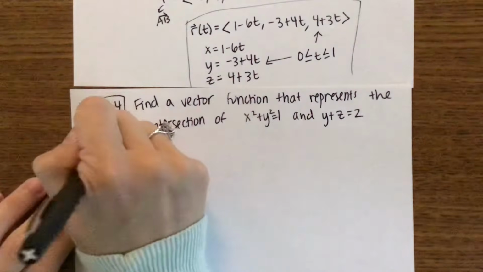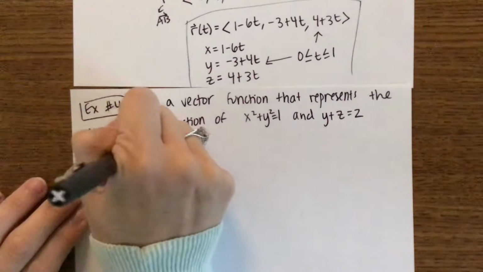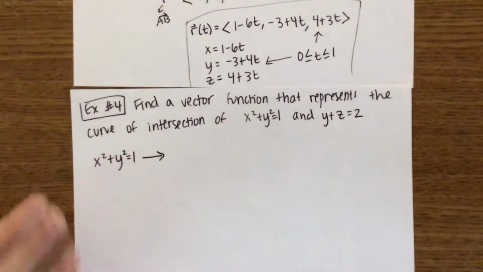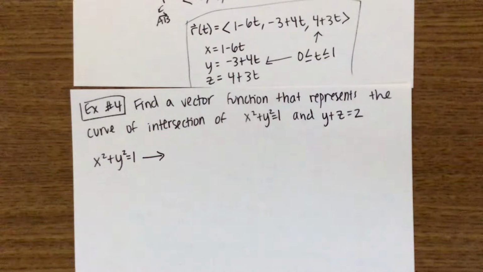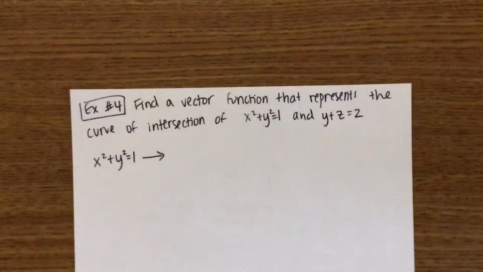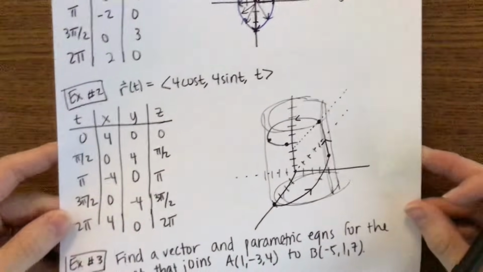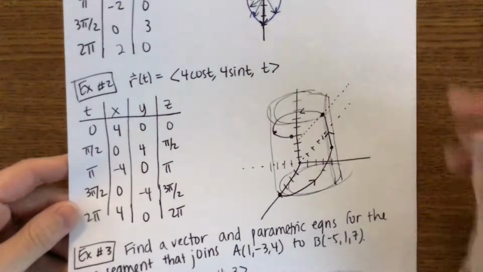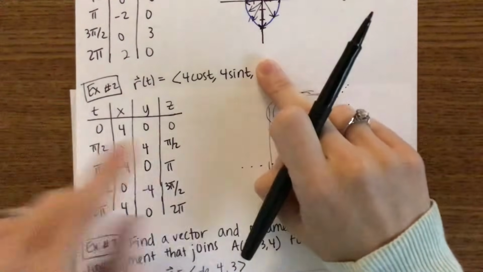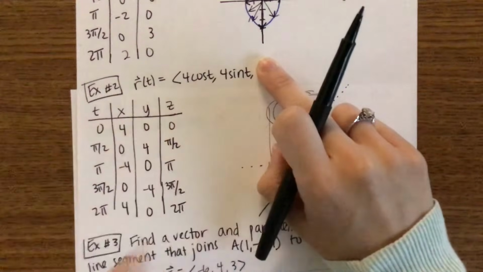Okay, so we're taking a plane, we're taking a cylinder, and we're going to intersect them. First thing that we're going to do is start with that x squared plus y squared equals 1. And what we want to do is write that parametrically. Do you guys know how to write x squared plus y squared equals 1 parametrically? Think back to this example that we did. We talked about if you take away the t, what are you left with if you were just to graph that?